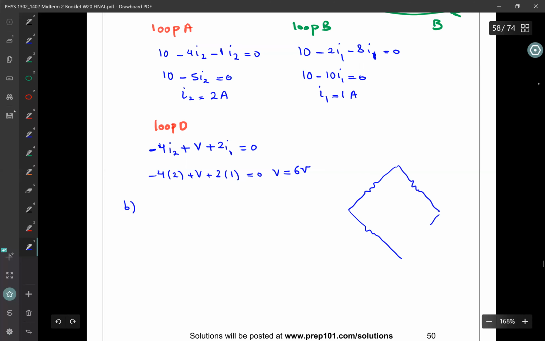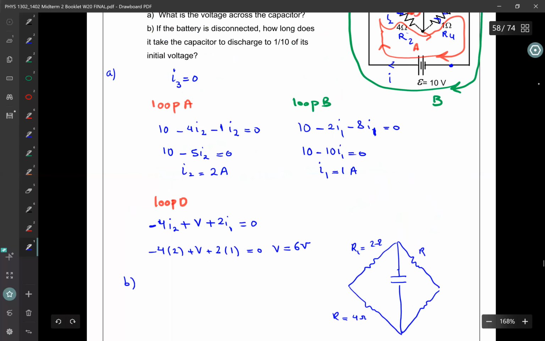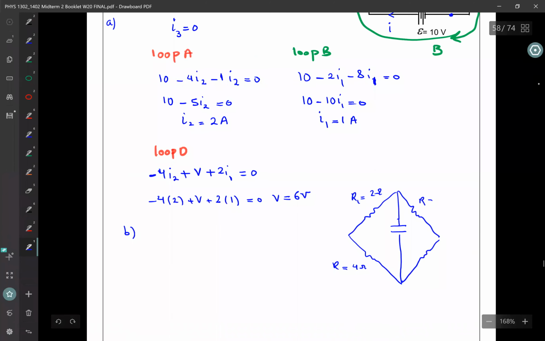Once the battery is off, the capacitor starts discharging. So I have R1, which is 2 ohm. I have R2 here, which is 4 ohm. I have R3, which is 8 ohm. And R4, which is 1 ohm.